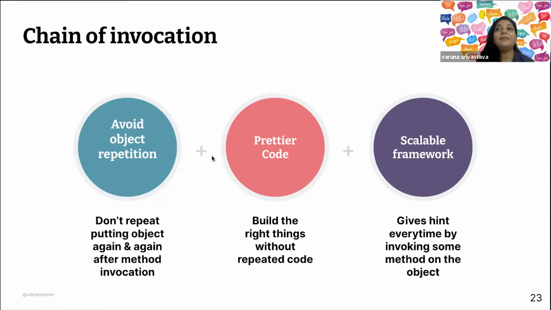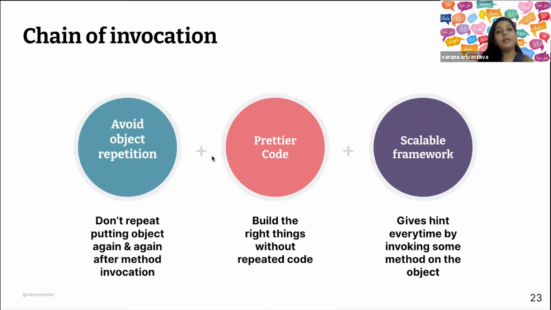And there comes the point that the methods of your pages should not return void. So it helps in chaining, and chaining also helps you visualize your user actions, what is happening on your page. And when you see your test method, without repeating your instance of the object, your code looks prettier. In the longer run, it helps while you are scaling your framework.